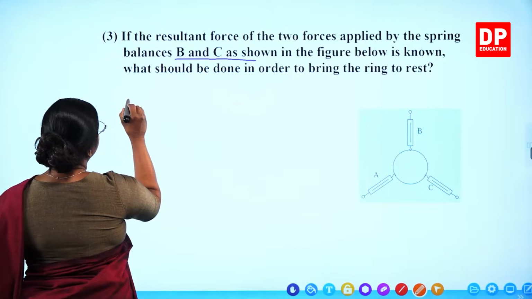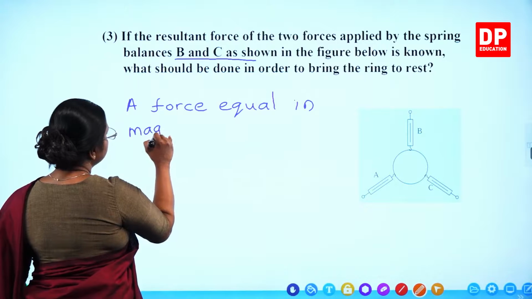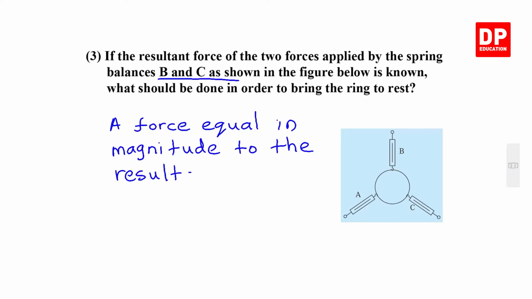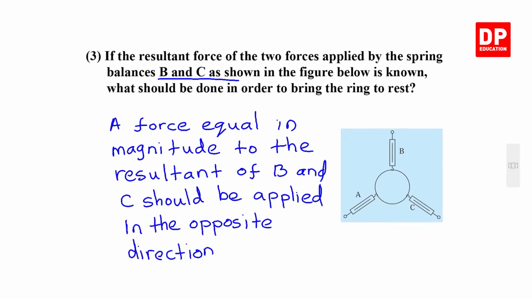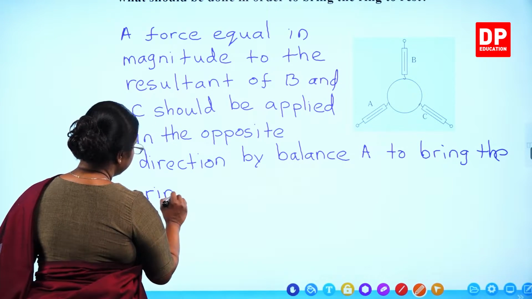We can say a force equal in magnitude to the resultant of B and C should be applied in the opposite direction by balance A to bring the ring to rest.